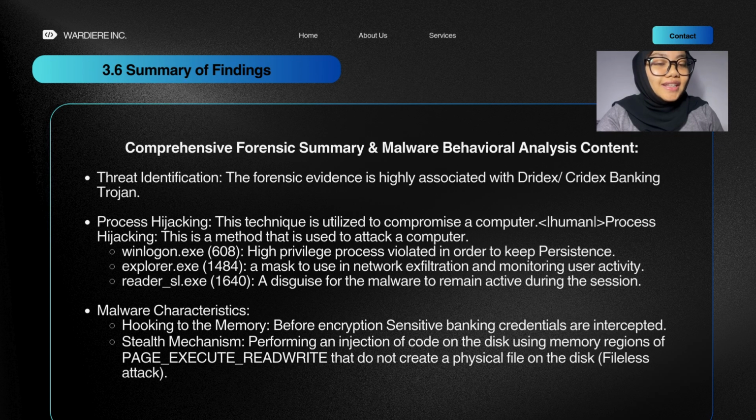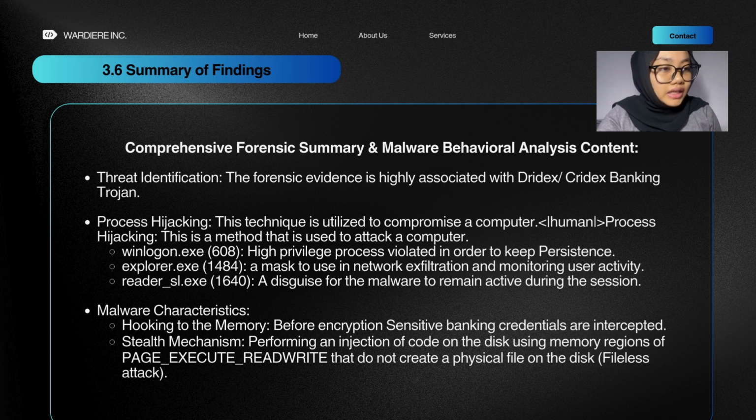Okay, for task 3.6, it's a summary of findings. We summarize our forensic findings: we have positively identified that the threat is the Dridex Trojan. The malware demonstrated a high level of sophistication through process injection. It didn't just run as a separate file.